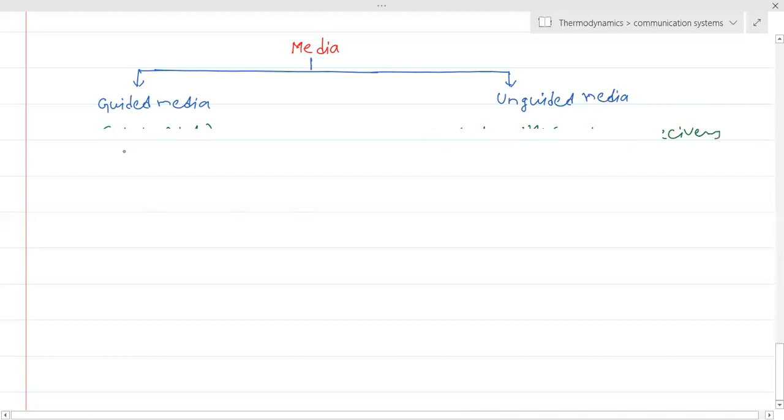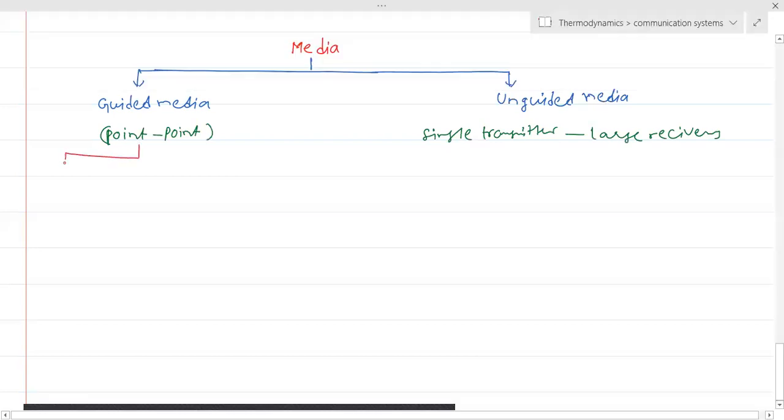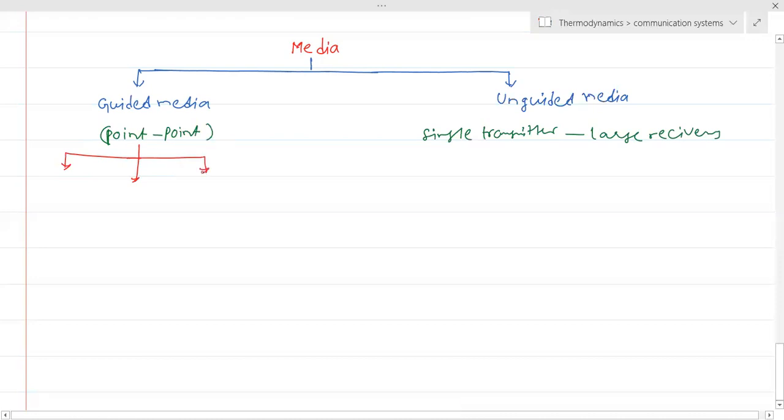Now again we will explore this. Point to point has basically three categories.